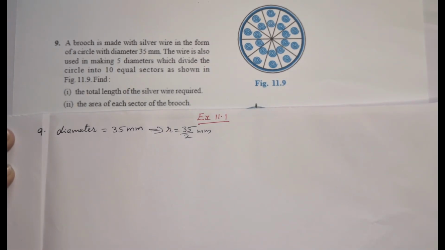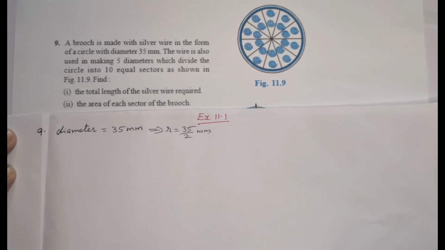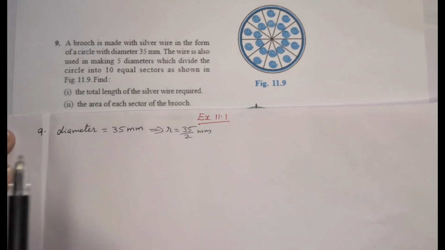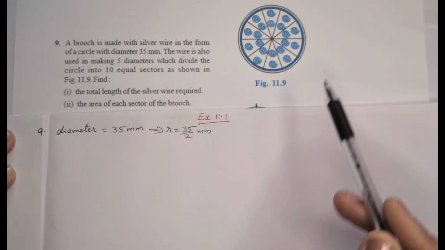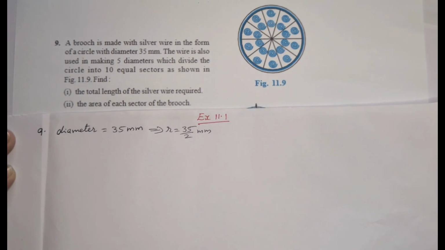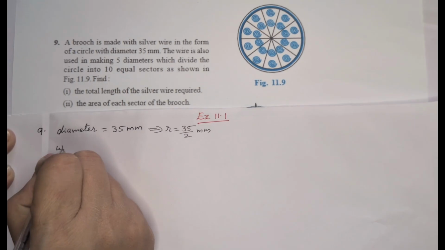The wire is also used in making 5 diameters, which divide the circle into 10 equal sectors as shown in the figure. 5 diameters are there. So first part, find the total length of the silver wire required. Silver wire is required for the circumference and for 5 diameters. So first we can calculate the wire used for 5 diameters.